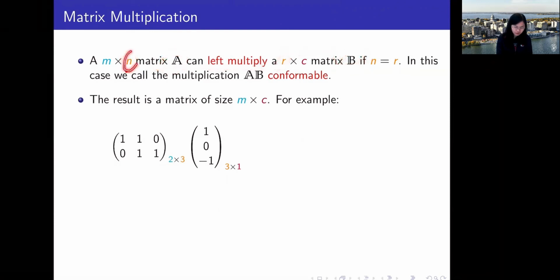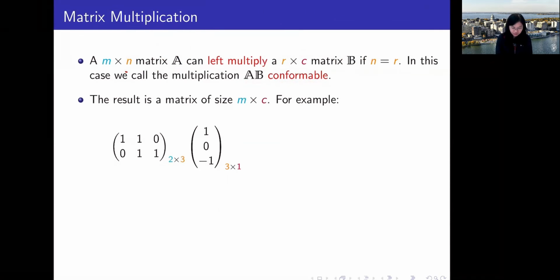So if the number of columns and number of rows match for the two matrices, then A times B is a conformable matrix multiplication. That is, it is a well-defined matrix multiplication.